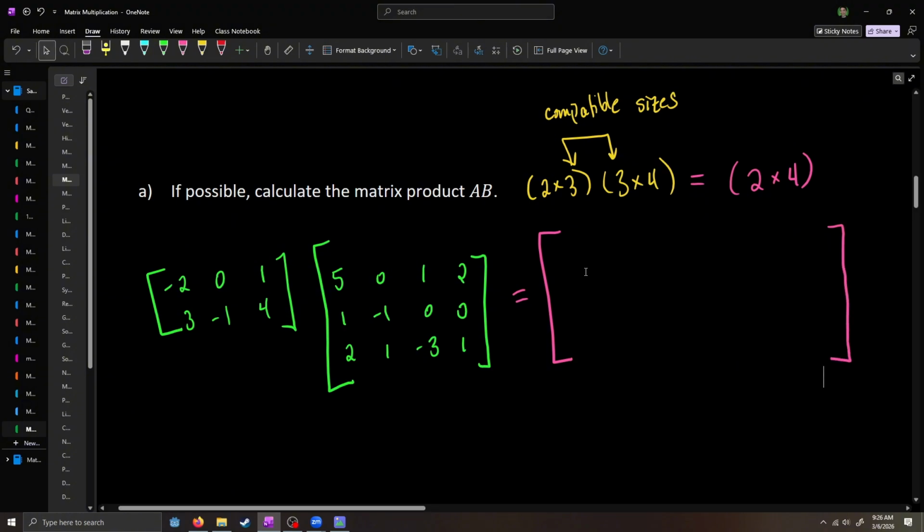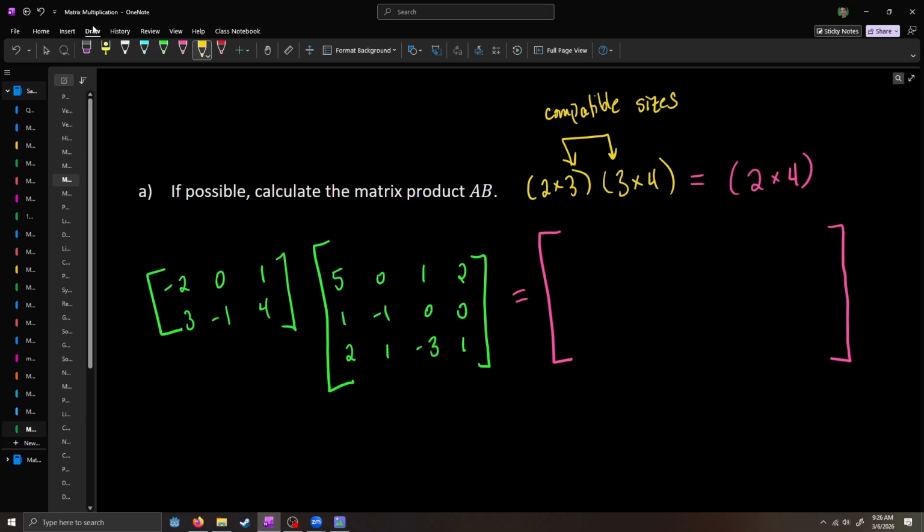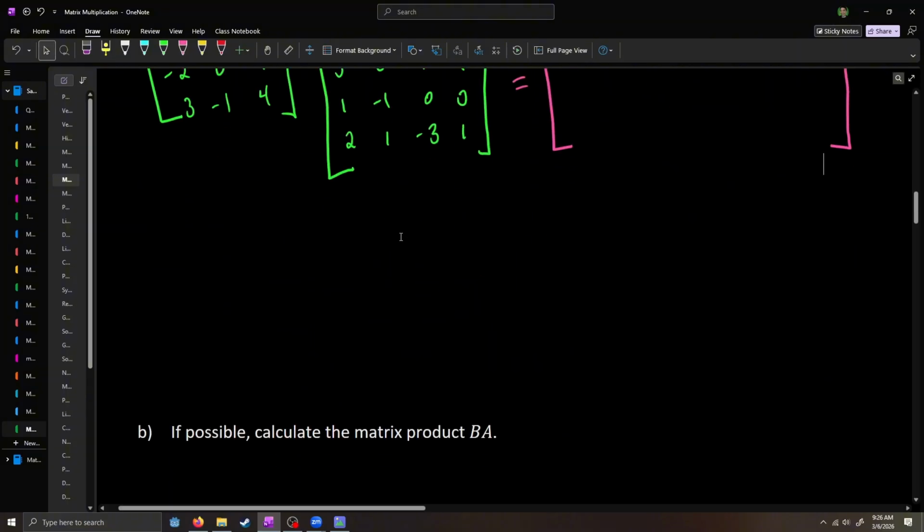To find the very first entry of the resulting matrix, the entry in the first row and the first column, what I'm going to do is I'm going to consider the first row of matrix number 1 and the first column of matrix number 2.